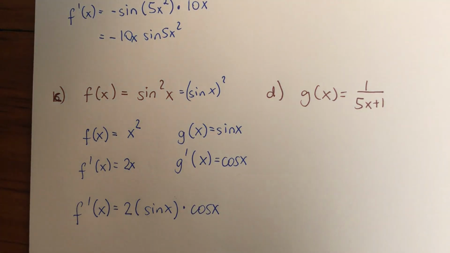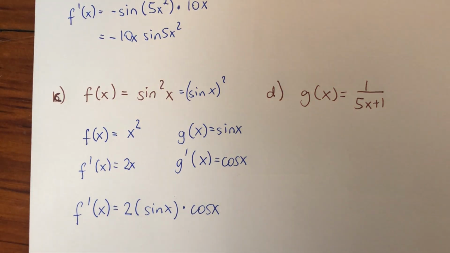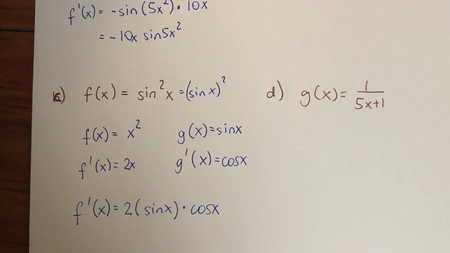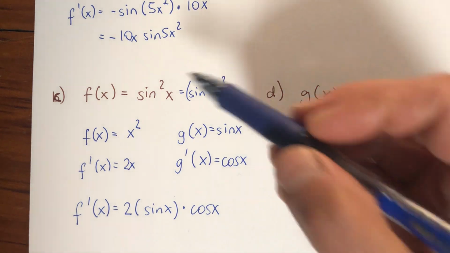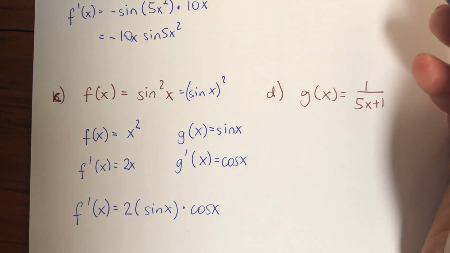You will see when you're in class what it means graphically. We could make graphs of this and it will have great meaning, but that's something you will do in the future. All right, that's it. The derivative of sine squared is 2 sine of x cosine of x.